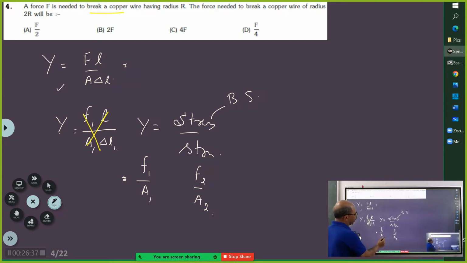In the first case the radius is R, so the area becomes pi R square. In the second case it becomes pi 2R square, so it becomes 4 pi R square. Therefore the force needed to break a copper wire of radius 2R should be 4F.